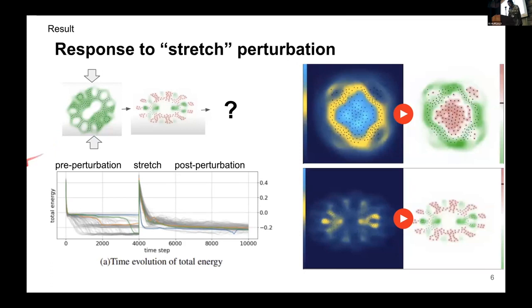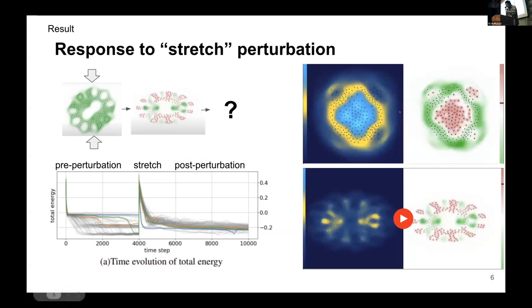The y axis is the total energy of the system. We start from random positions, decrease the energy, and get a stable pattern like this. We apply the stretch perturbation here, and we investigate the post-perturbation state.